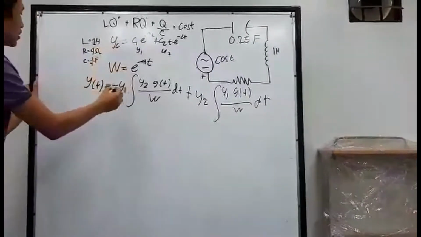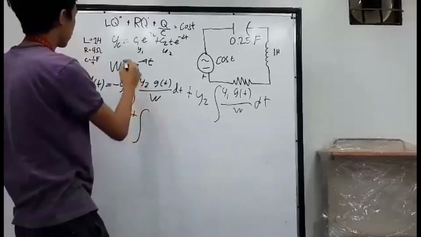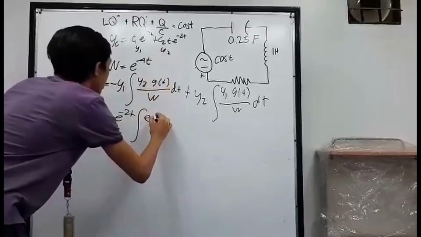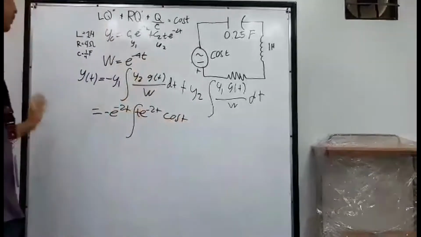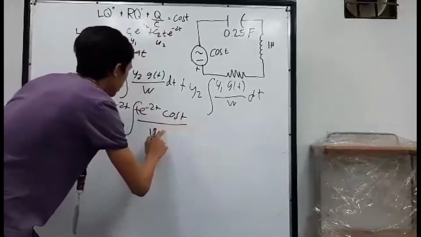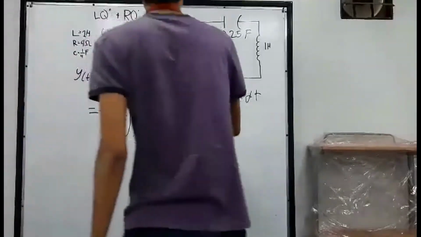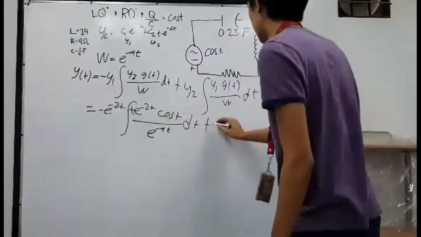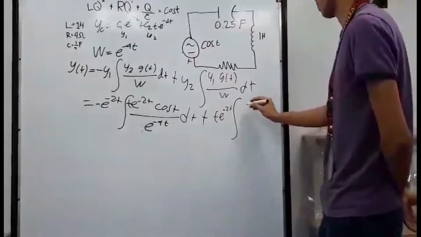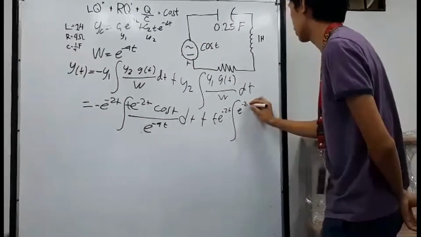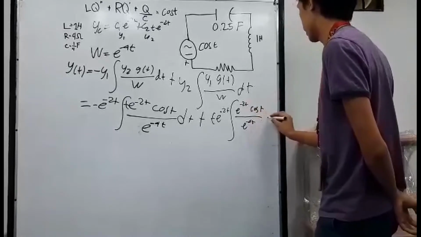Substituting all the values, negative e raised to negative 2t integral of y2, which is t e raised to negative 2t, times cosine t over the Wronskian, which is e raised to negative 4t, dt, plus y2, which is t e raised to negative 2t, integral of y1, which is e raised to negative 2t, times cosine t over the Wronskian dt.